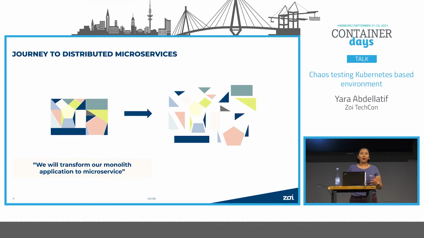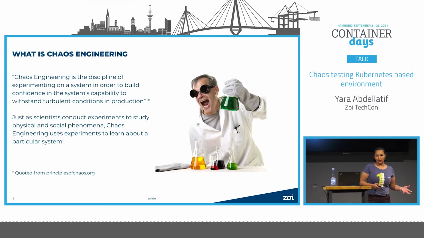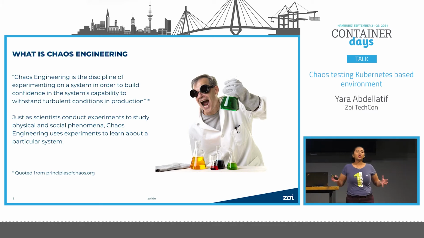Well, there are several ways to try and solve those problems, but one of the tools or mindsets or cultures to do that is to introduce chaos experiments into your system. So what is chaos engineering? It's simply engineering chaos.